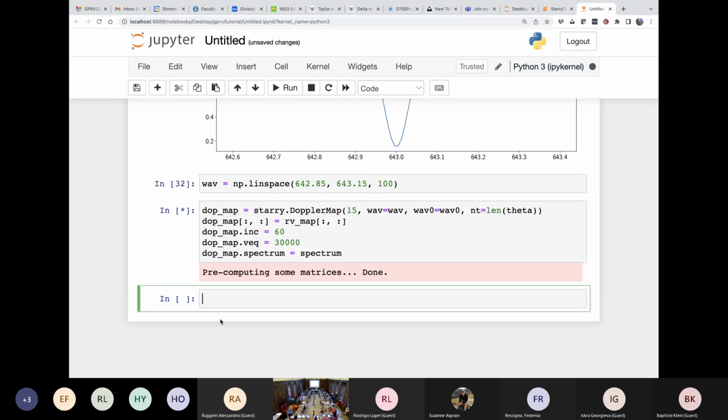Press enter, cross your fingers. And that's the RV map that you made up above with the spot in the left arc. The only thing I copied over was the spherical harmonic expansion of that spot.